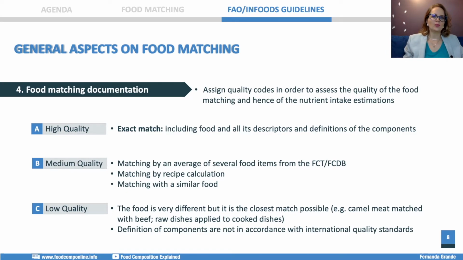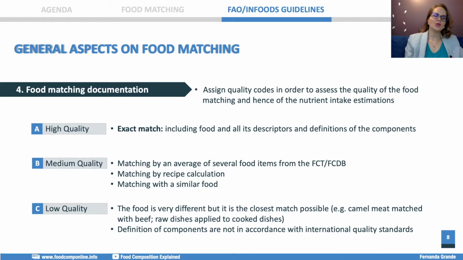It can also be attributed to a matching done by recipe calculation. So if we don't find the recipe in food composition tables, we can make the recipe calculation. Or if I have a matching with a similar food, meaning that some of the descriptors are not the same or not precisely described.